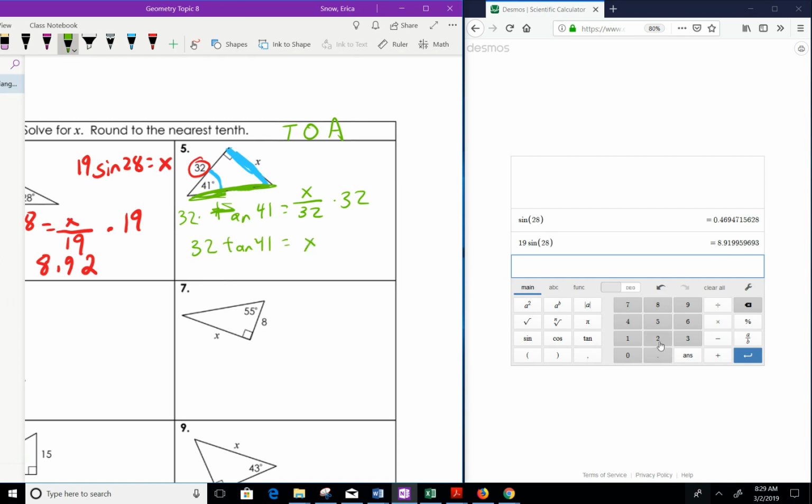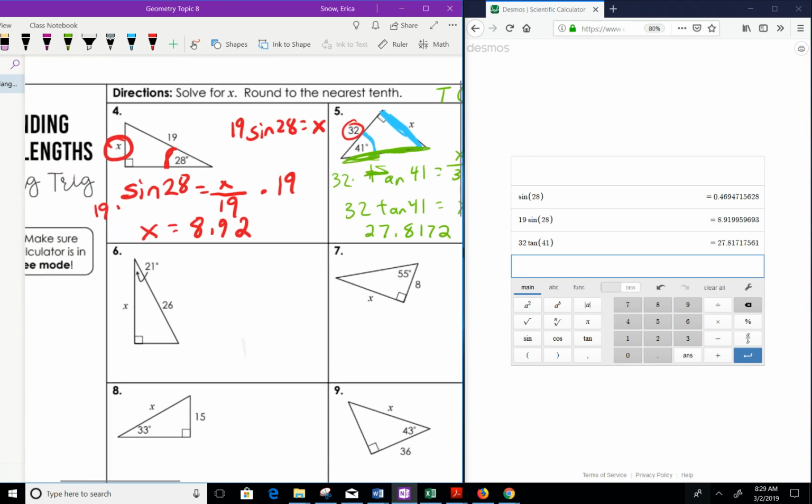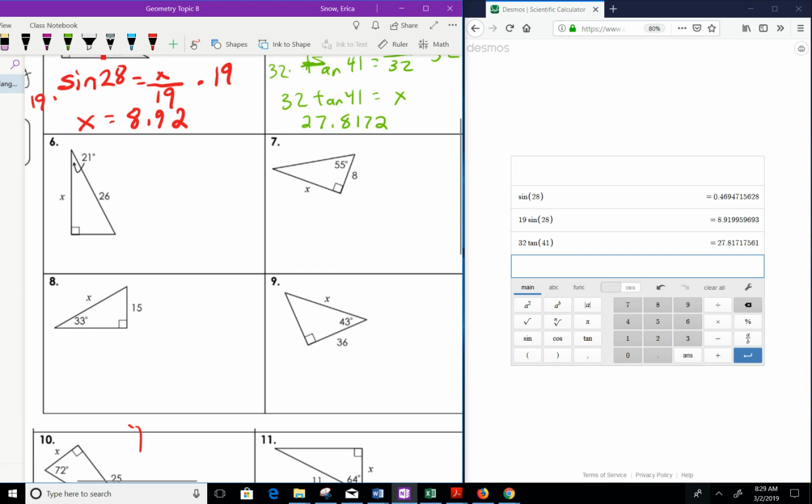And all I have to do is go to my calculator. 32 tangent 41. And so x is 28.8172.